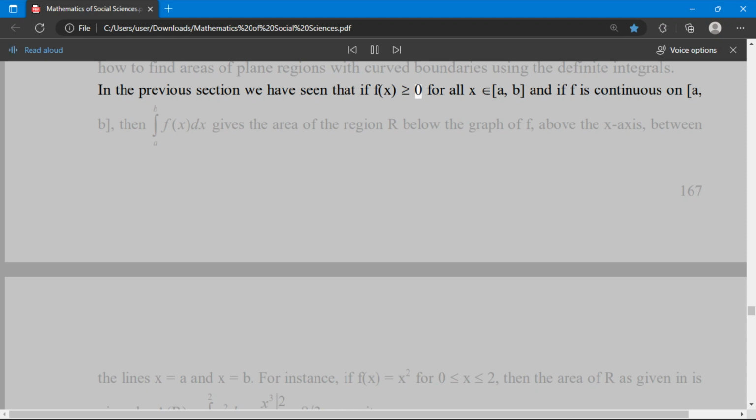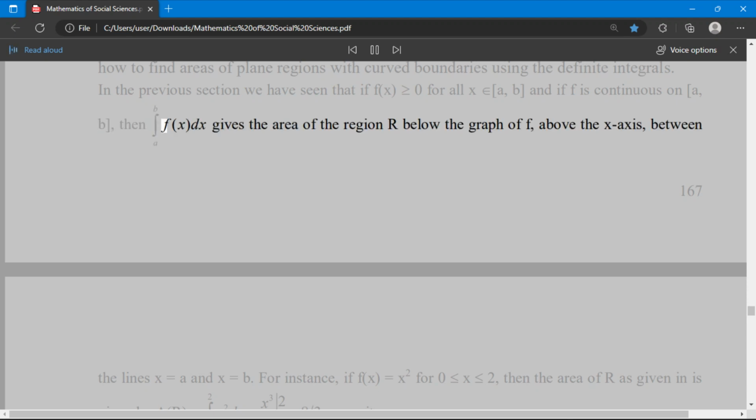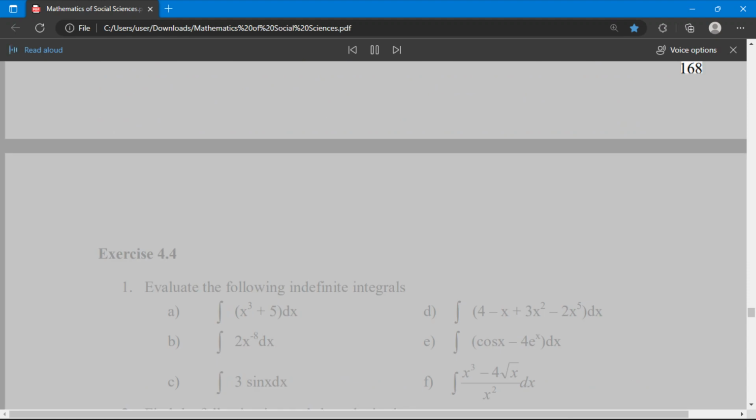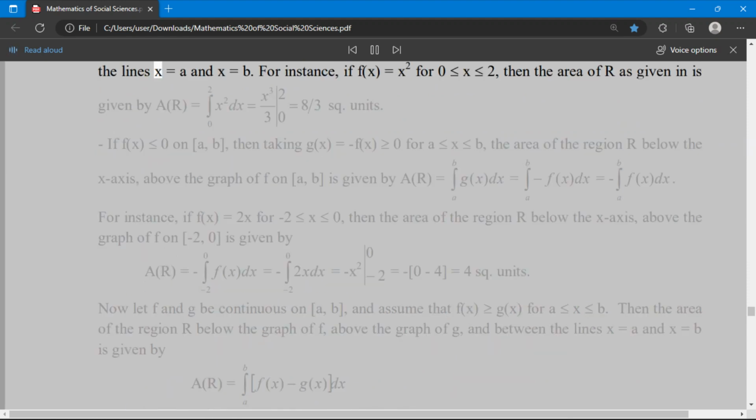In the previous section we have seen that if f(x) ≥ 0 for all x in [a, b], and if f is continuous on [a, b], then the integral of f(x) dx from a to b gives the area of the region R below the graph of f, above the x-axis, between the lines x = a and x = b.